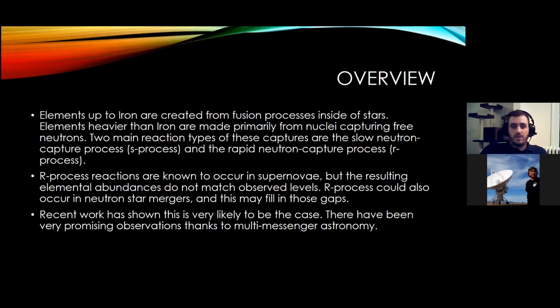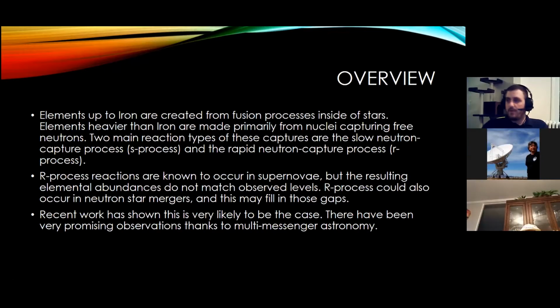The first one is the slow neutron capture process, or S process, and the rapid neutron capture process, or the R process. Now, R process reactions do occur in supernovae, and for a long time we thought that that was the primary case of them.